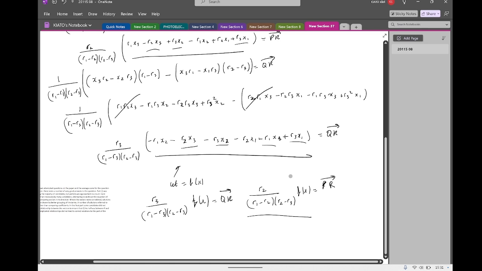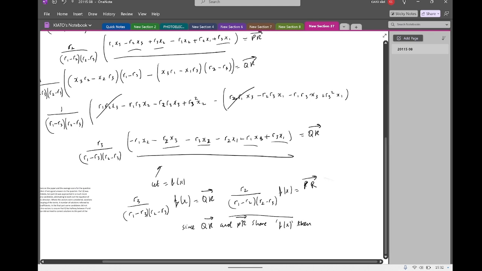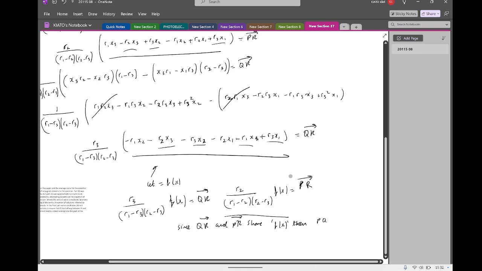So therefore, since QR and PR share f of x, then P, Q, R are on a straight line.